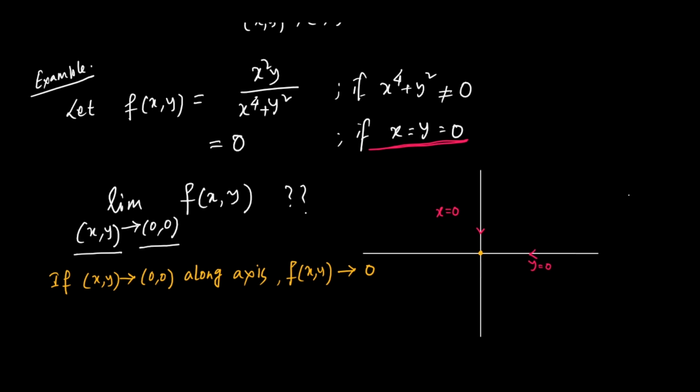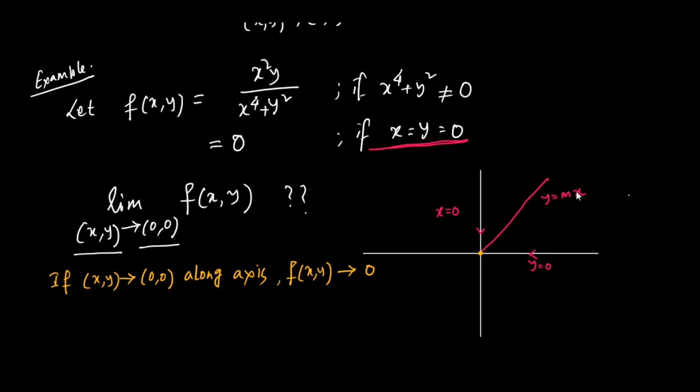For example, now let us consider that the approach path is not like this, but any straight line passing through the origin. Let this be my approach path, say y equals mx, for some value of m.